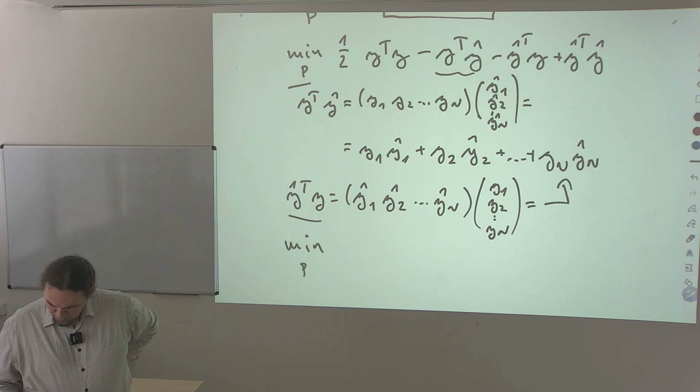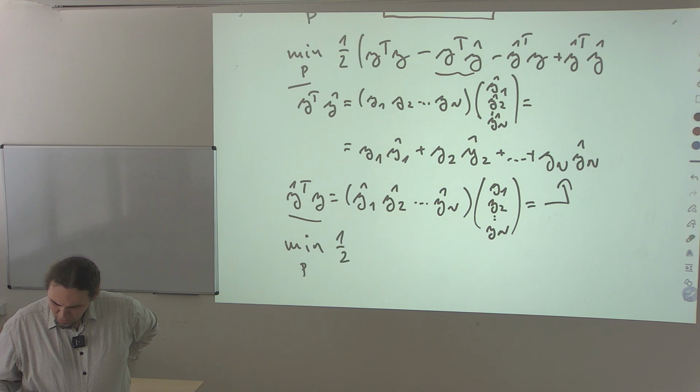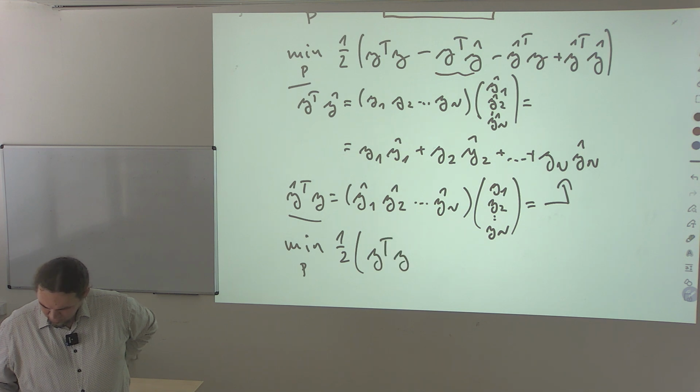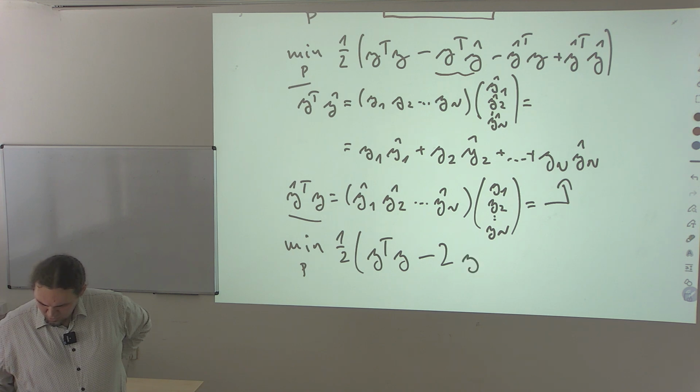Good. We should also, of course, add the bracket. So we have y transpose y minus 2 times y transpose y hat and plus y hat transpose y hat.